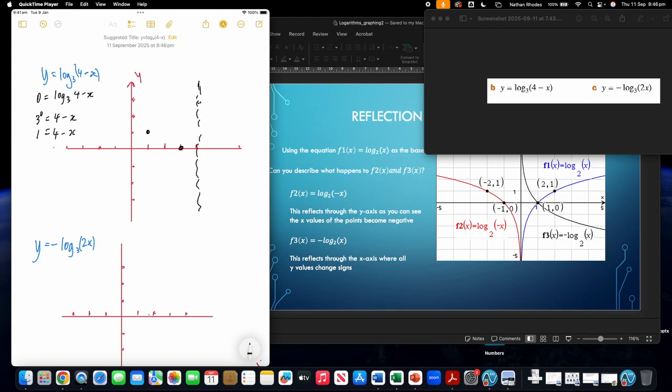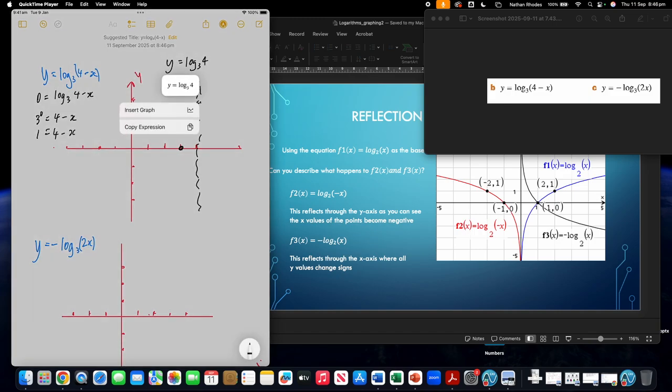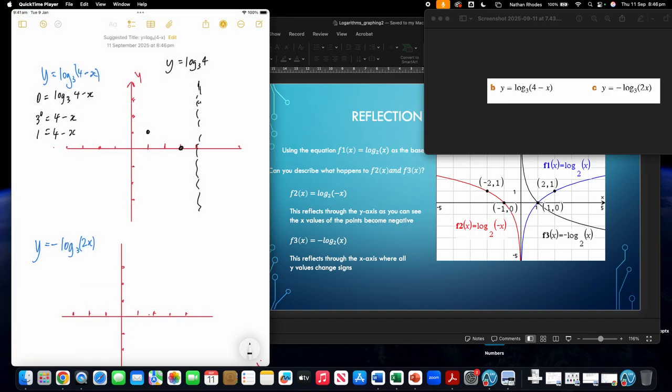We can then work out the y-intercept by letting x equal 0. So if we let x equal 0, then it's log base 3 of 4. We can find another point, but pretty much, the iPad's trying to help us out here, so I'm just going to ignore that.